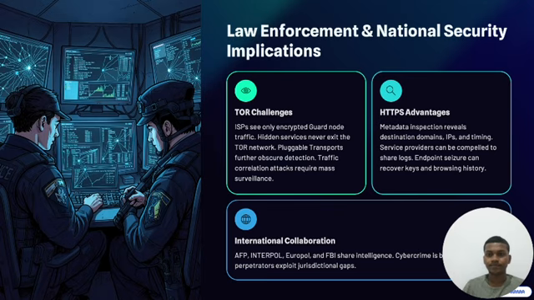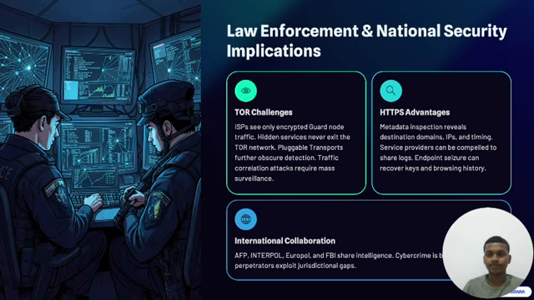In this slide, I will present law enforcement and national security. Encrypted and anonymous networks create challenges for investigators. With Tor, ISPs can usually see only encrypted communication with guard nodes. Hidden services remain particularly difficult to investigate because traffic never leaves the Tor network.